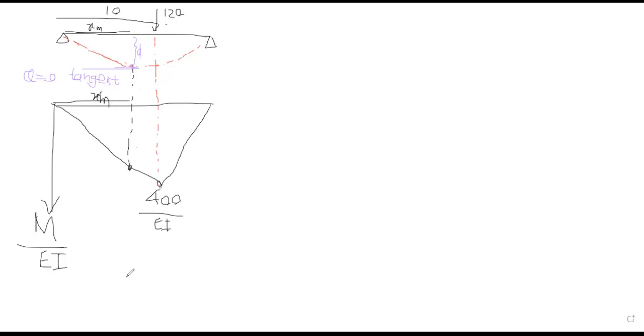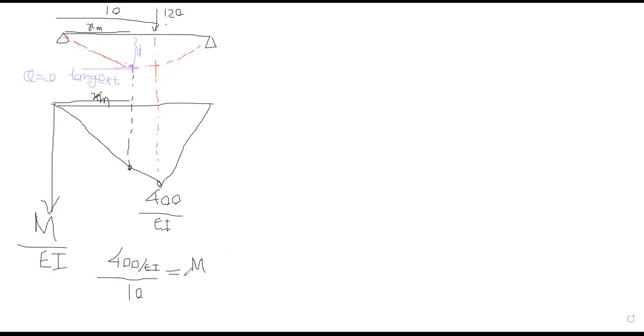Okay, so from similar triangles, I can take 400 over EI over this length, that is 10, is equal to this height over this length. So that is the height we need to find.